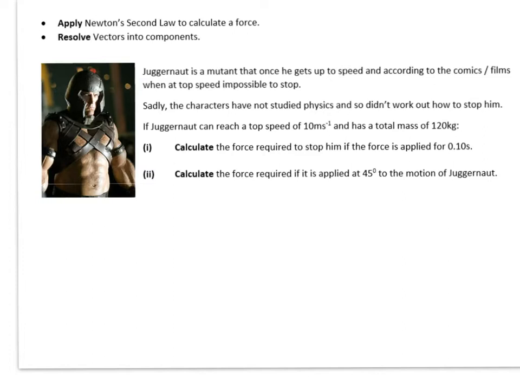So he's currently going at 10 meters per second and has a mass of 120 kilos. So in order for him to stop, he's going to need to experience a change in momentum of 10 times 120, so 1.2 times 10 to the 3 Newton seconds.